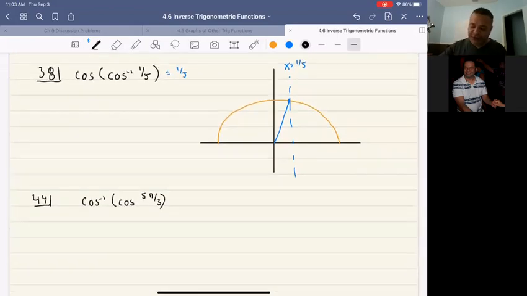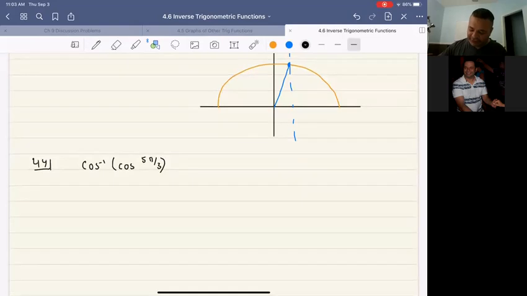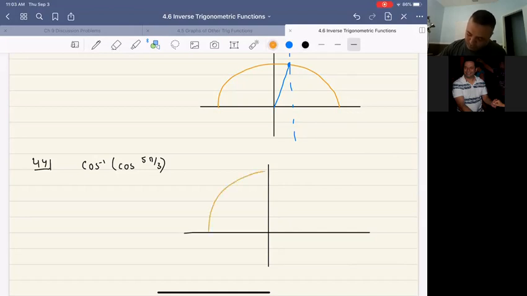Let's draw my unit circle, but we're only drawing half of it, the half that goes with the inverse cosine. But now, where is 5 pi over 3 on my unit circle? That's like way down here, actually.